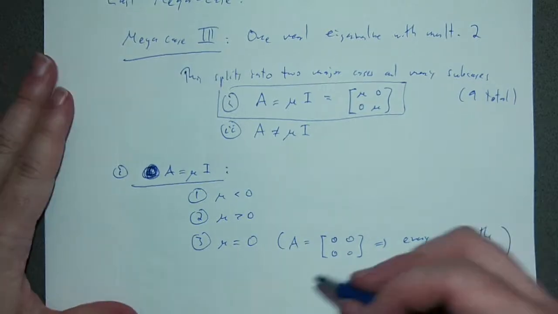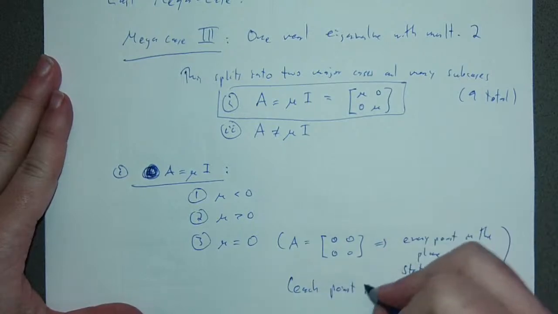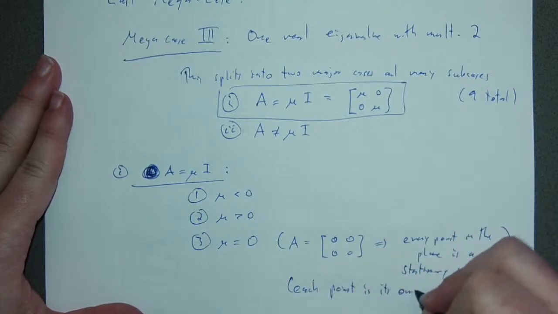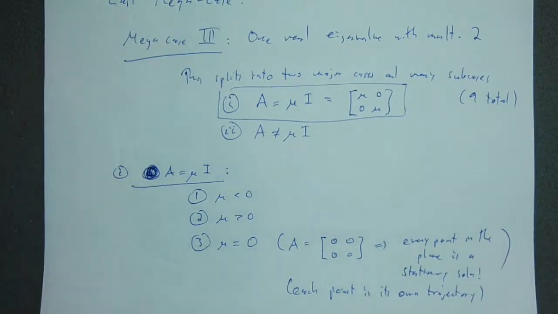Right? So that's another way of writing this. So each point is its own trajectory. So if you want to draw a picture of all the trajectories in the plane, well, it's just all the points in the plane, so there's nothing to draw. Okay.